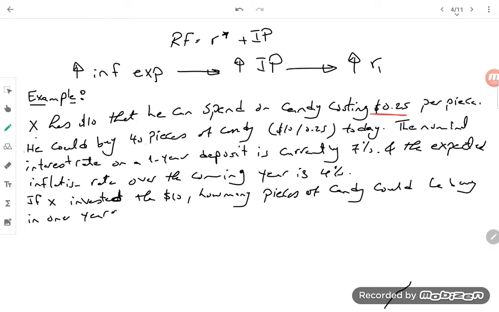He could buy 40 pieces of candy, $10 over 0.25, today. The nominal interest rate on a 1-year deposit is currently 7%, and the expected inflation rate over the coming year is 4%. If X invested the $10, how many pieces of candy could he buy in 1 year?